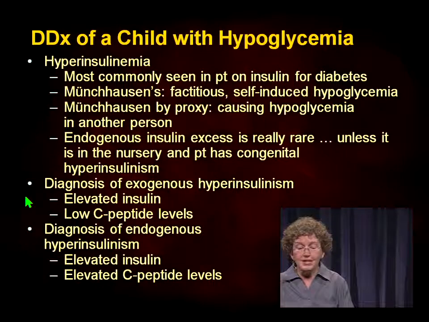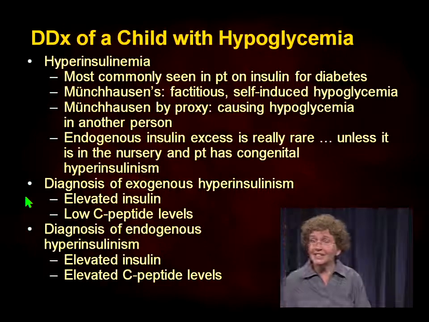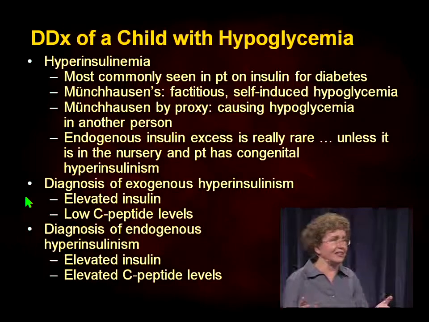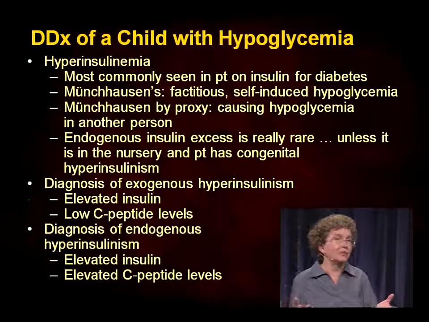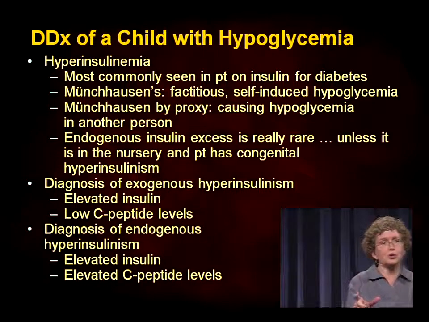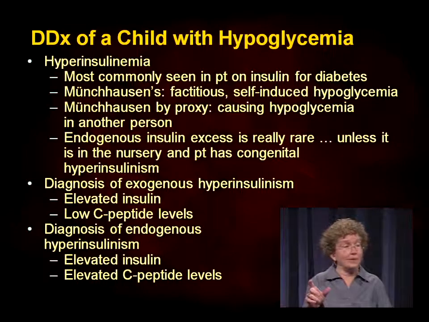Or Munchausen by proxy is when somebody else is giving them the insulin. Endogenous insulin in kids is pretty rare. In adults, you get insulinomas. In kids, in the newborn nursery, when you get nesidioblastosis or hyperinsulinemia, that's about the only time you're going to see it. Otherwise, you don't see any sort of insulinoma in kids.